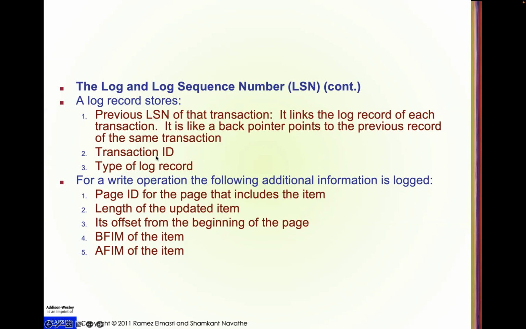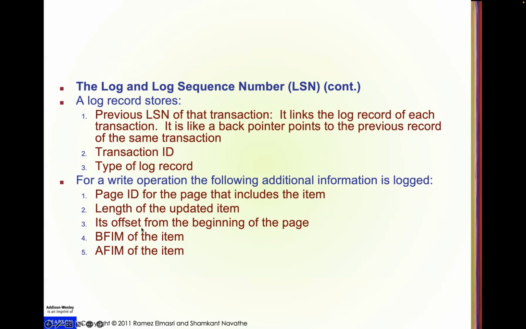The transaction ID uniquely identifies which transaction we are working on, and the type of log record. Whenever there is a write operation, extra information is also logged. What is that? The page ID of the page on which the write operation is being performed is included. The length of the updated item is also recorded.